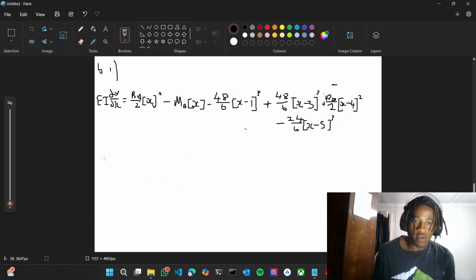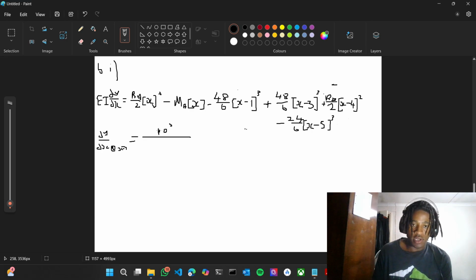Now, if we just rearrange that, at x equals 1, we write here 10 to the power 3, because that converts it to meters for us.